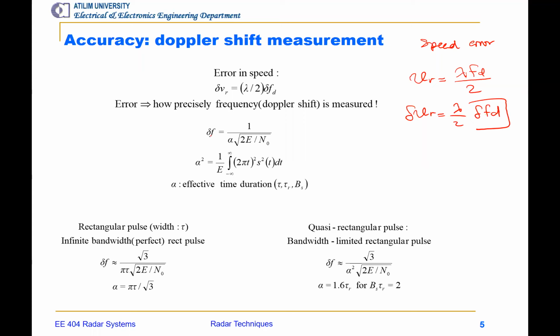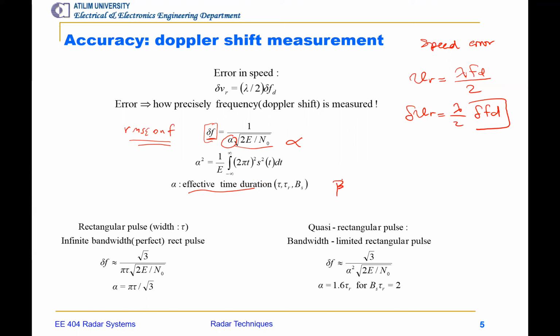Instead of time, now we have frequency, so Doppler shift. So RMS error on frequency is given in the same form, except that instead of beta here we have alpha. Alpha is the effective time duration. In the range case we used the effective bandwidth beta.